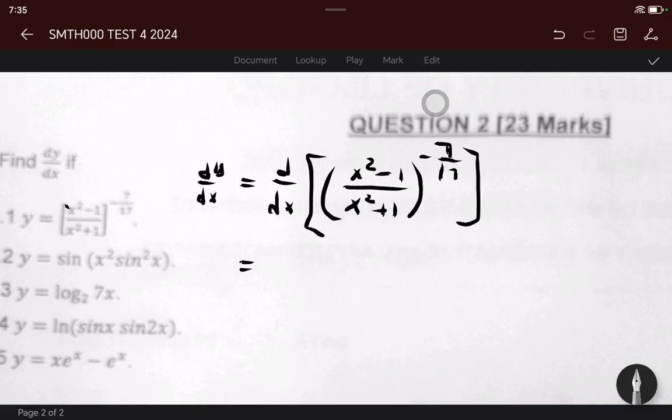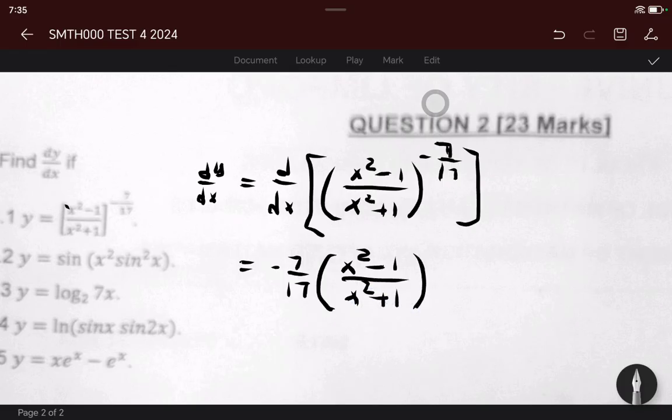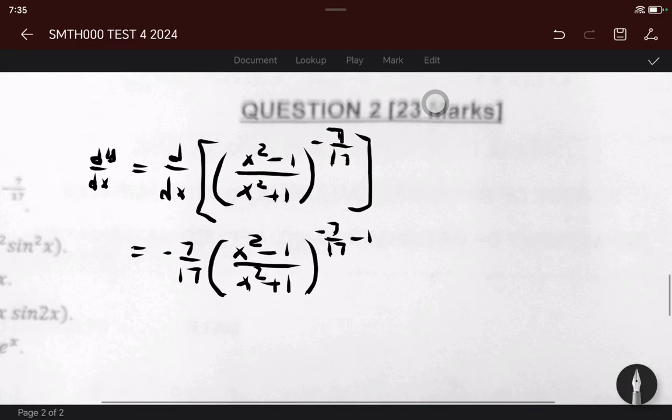I apply the power rule. The power rule says I just multiply by that exponent. Then I keep the inside, x squared minus 1 over x squared plus 1. Then I subtract 1 from the exponent. I don't have a calculator here, so you can try to subtract and see what you get. After that, I multiply by the derivative of the inside.